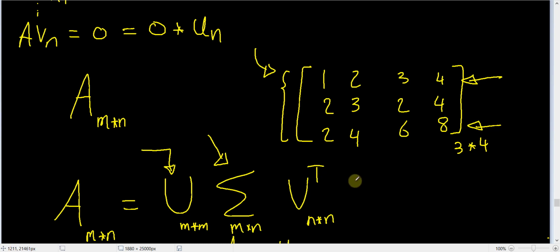Now for this matrix V, this matrix will be an n by n matrix because every row has n components. The number of components for every row is equal to the number of columns n.